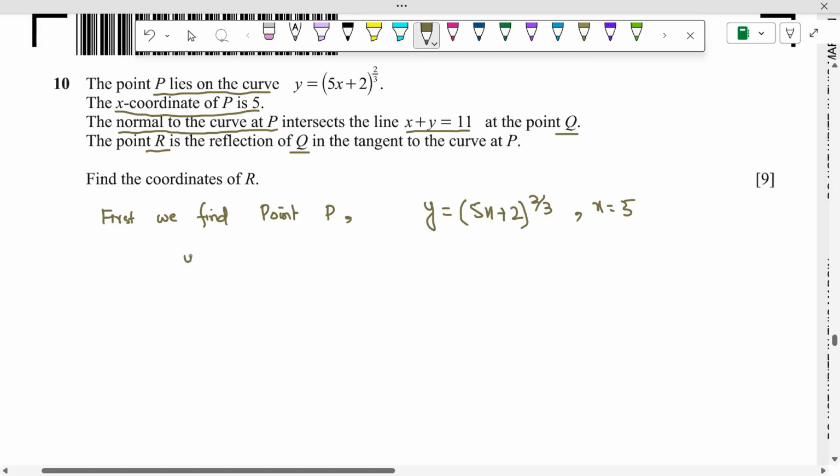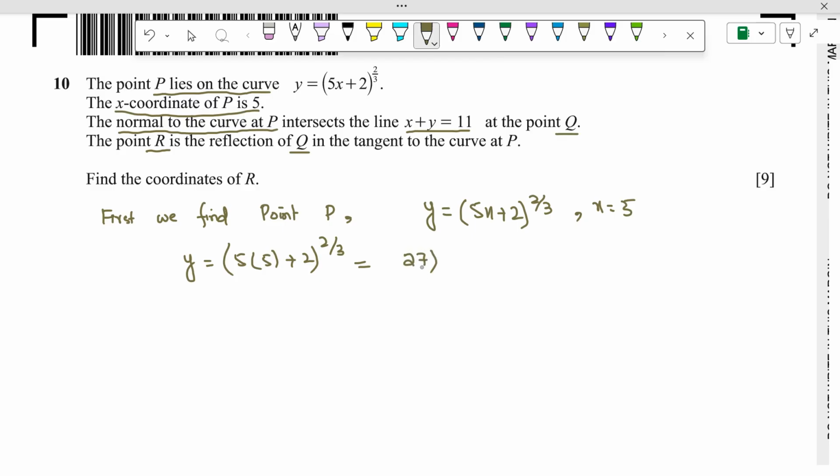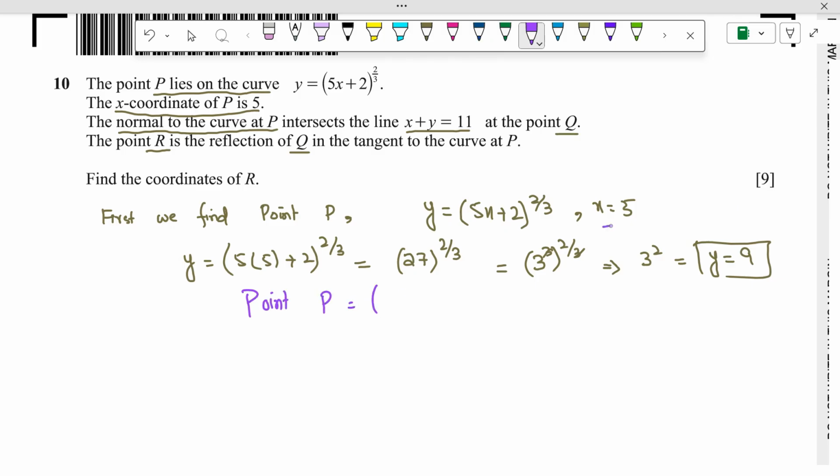So y is equal to (5 times 5 plus 2) to the power 2 by 3, and this is equal to 25 plus 2, which is 27 to the power 2 by 3, and this is equal to (3 cubed) to the power 2 by 3. So this is equal to 3 squared. So the y coordinate is 9. So point P is x coordinate 5 and y coordinate 9.